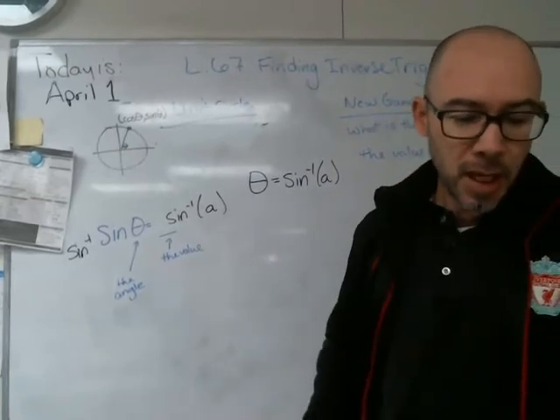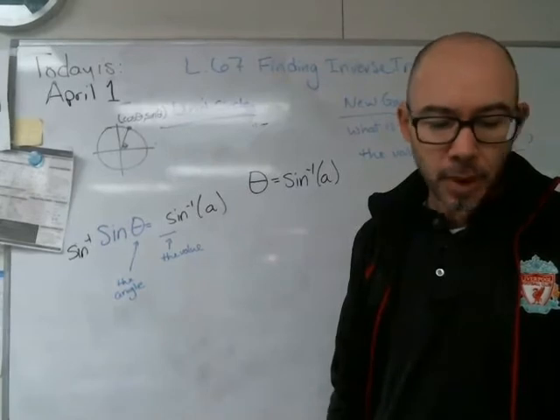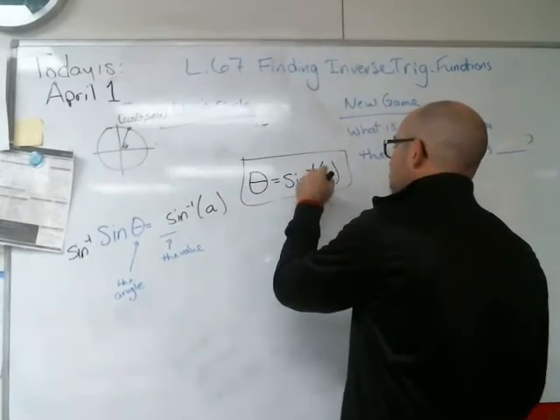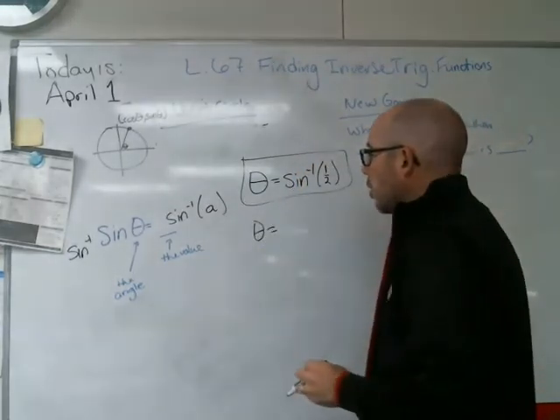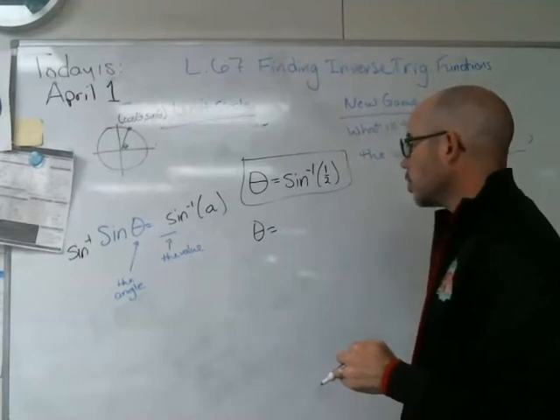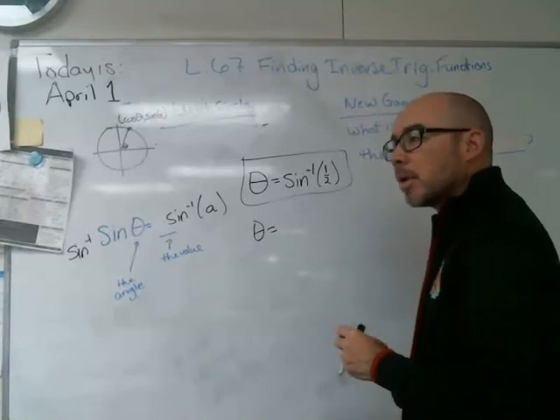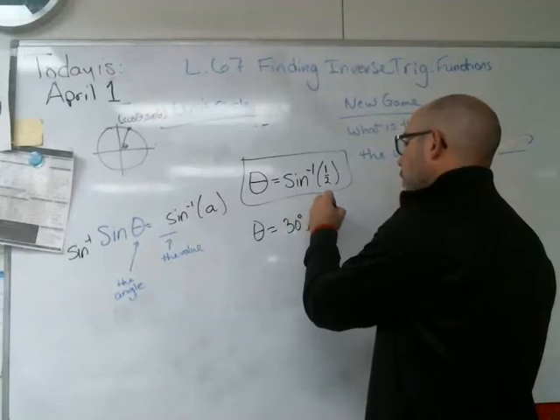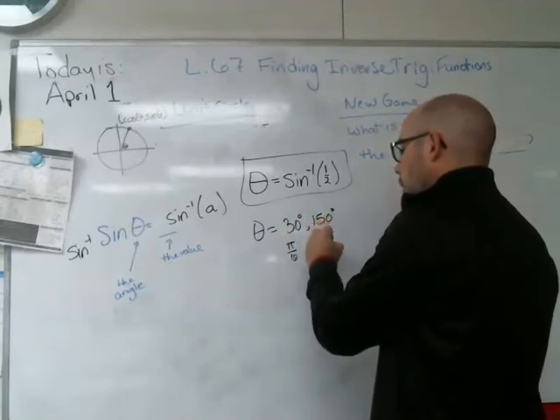We just did inverse trig functions. We would do something like this again: let's put in 1/2. The angle where the sine's value is 1/2 would be at 30 degrees or at 150 degrees, or you could say pi over 6 or 5 pi over 6.